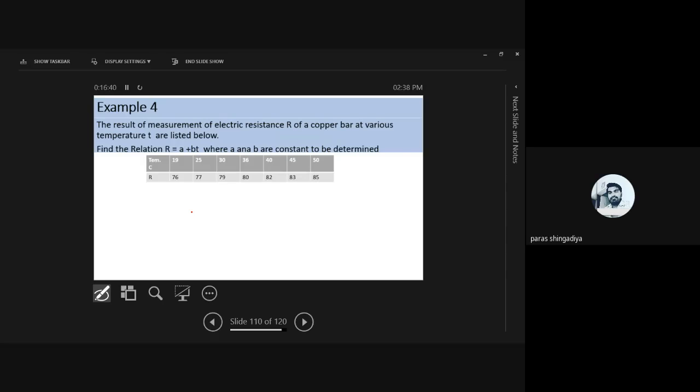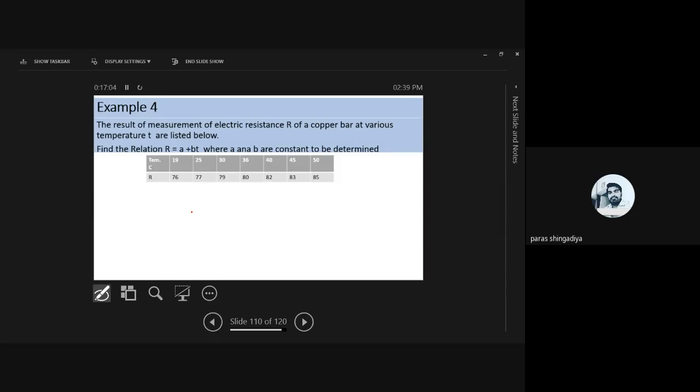We have the data of resistance R versus T. Okay? And then we plotted this data on graph paper. So which type of straight line can we predict for this given data? The formula is also given: R is equal to A plus BT, in place of y is equal to A plus BX.